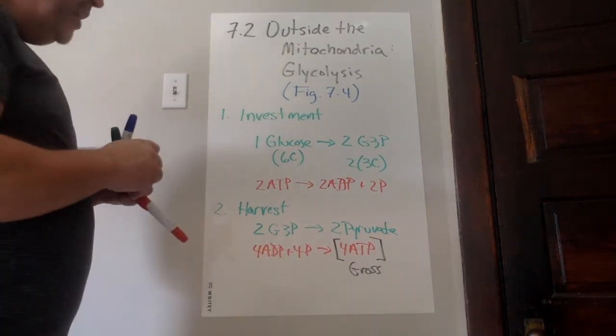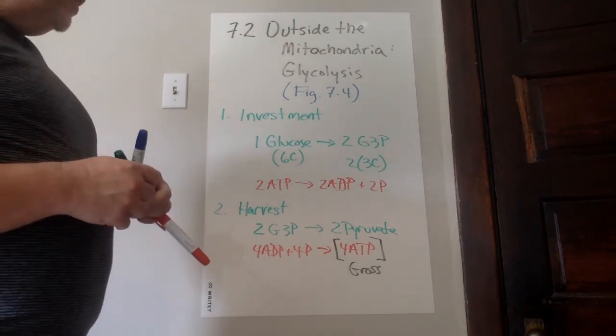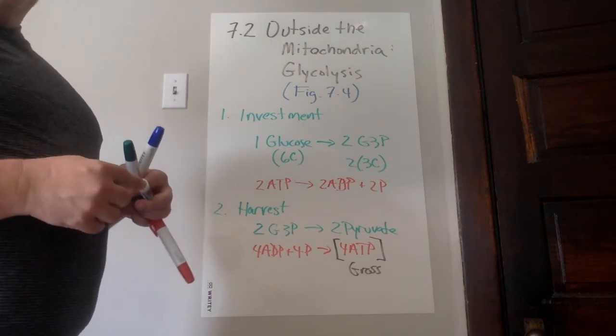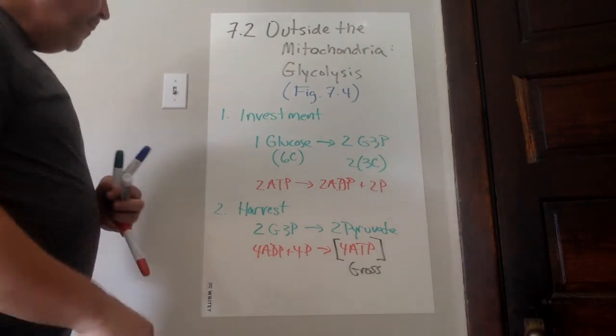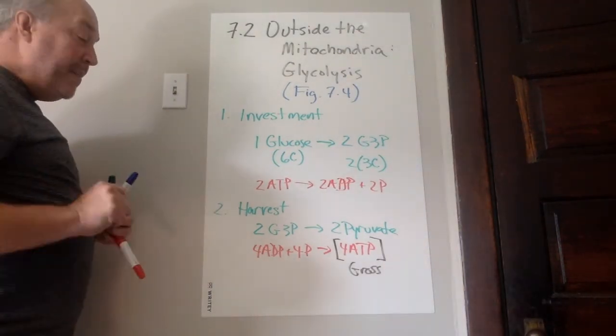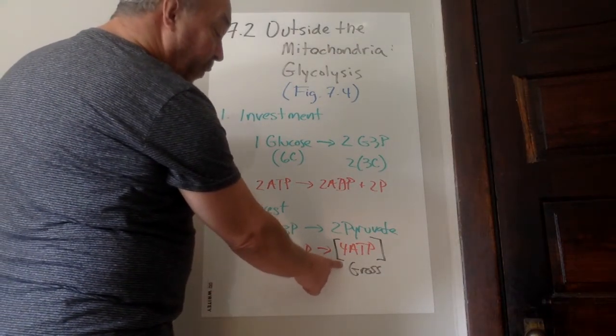But it's just like a paycheck. If you look at your gross pay, if you get paid $10 an hour and you worked 40 hours, you would get a gross pay of $400. But as we all know, taxes have to be taken out. Your investment has to be taken out. So if I ask you how many gross ATP are created during glycolysis, your answer is 4.